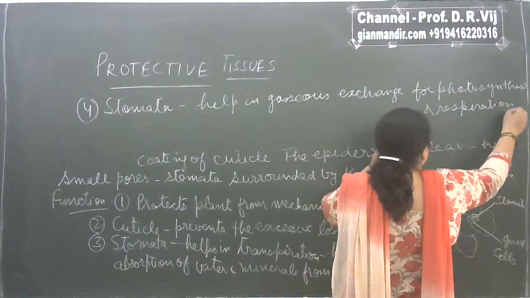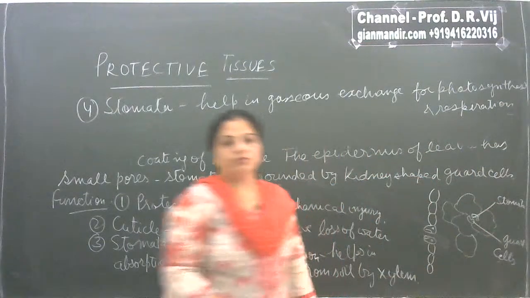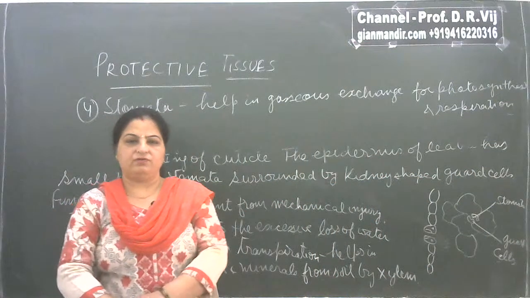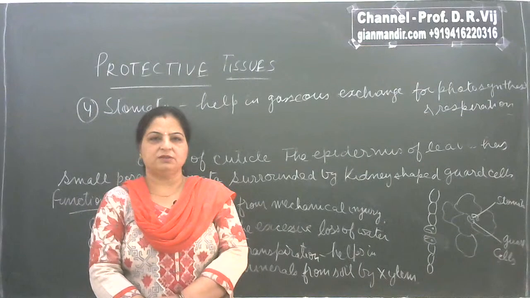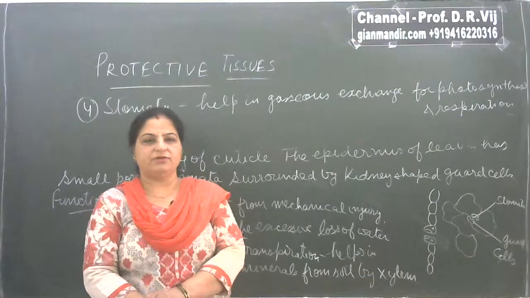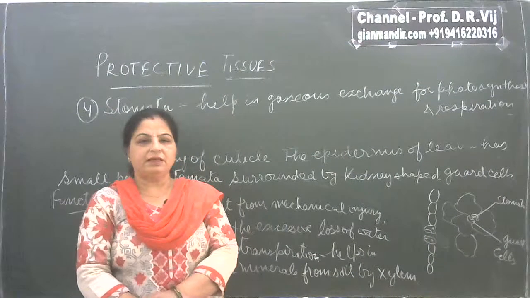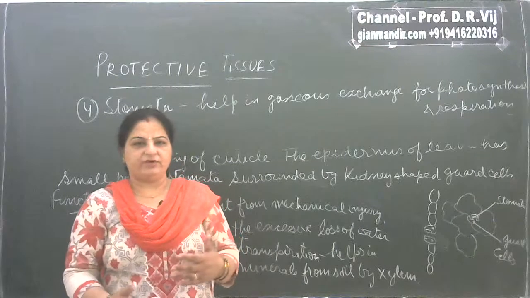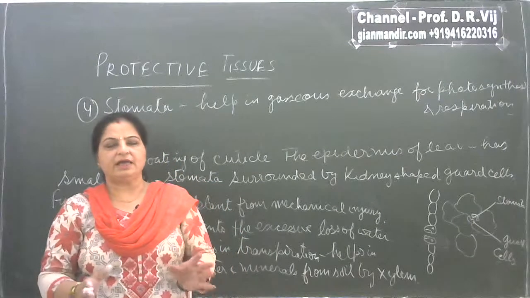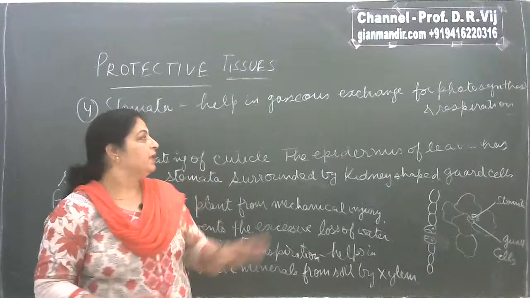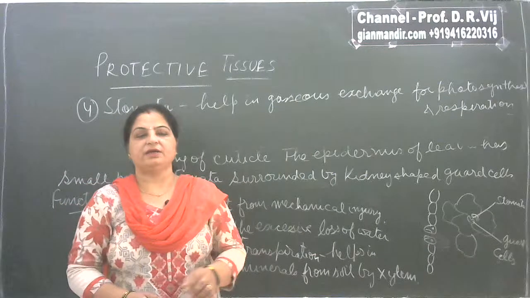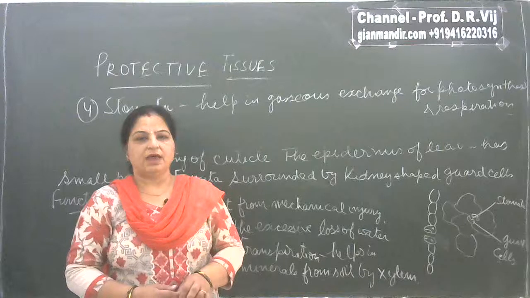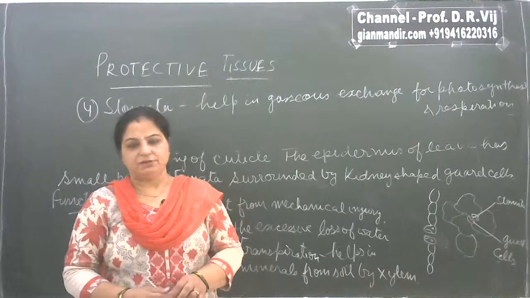As you know, plants photosynthesize their own food, and during that photosynthesis, they need carbon dioxide from the atmosphere, and they release oxygen back into the atmosphere. So that exchange of gases, like carbon dioxide and oxygen, all occurs through stomata that are found on the epidermis of the plant, right?